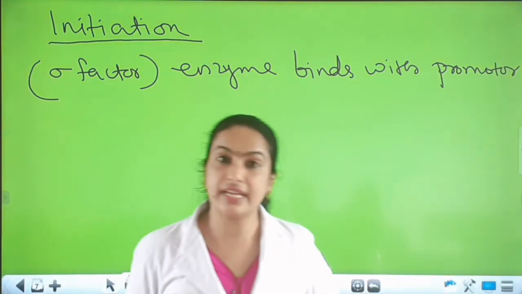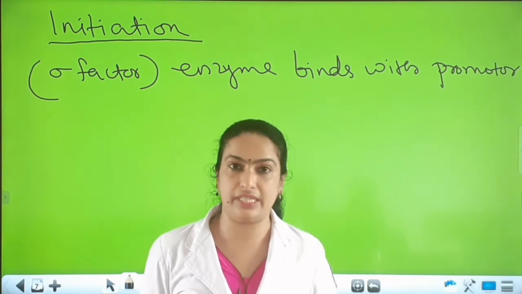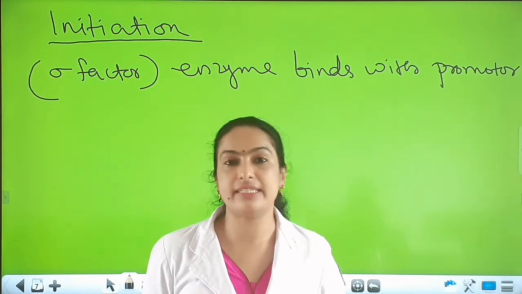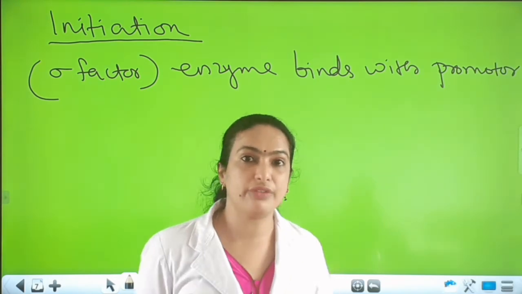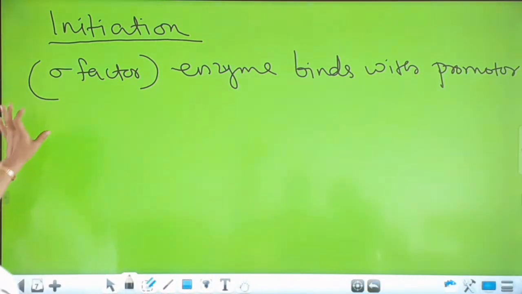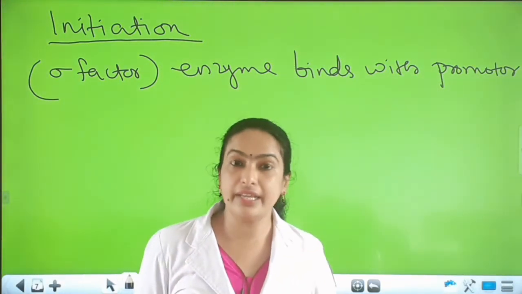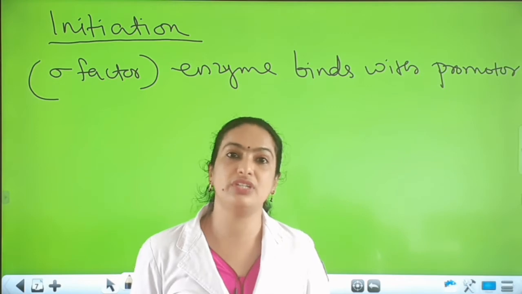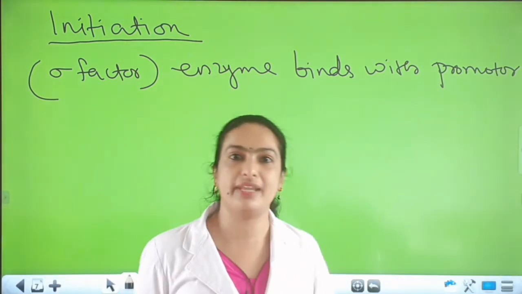And that is the initiation, and that causes the unwinding of the double-stranded DNA. And one of the strands acts as the template strand for transcription. So that's all about the initiation process. So what are the points in initiation? The first step is the recognition of the promoter gene by the sigma factor of the RNA polymerase enzyme.